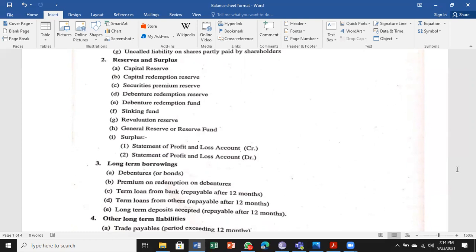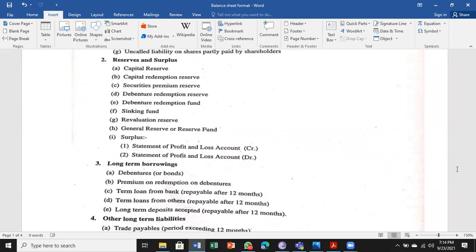Like you and me, we save money out of income, we keep some money in the bank, we invest in some other assets. Similarly, the company has to keep some money aside. That money is called reserves, or we call it funds. So there are different types of funds created by the company for various purposes.